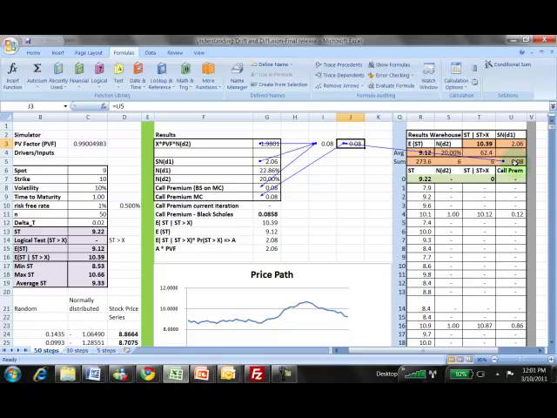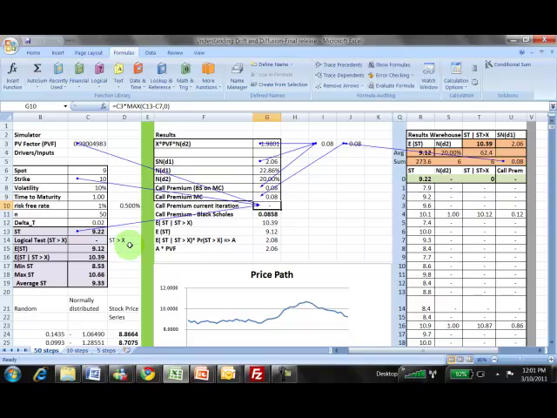Now how is this piece 2 calculated? This piece 2 is simply, you see this cell, call premium current iteration. This cell is max of ST minus X comma 0 times the PV factor. So this is one path, this is one iteration.